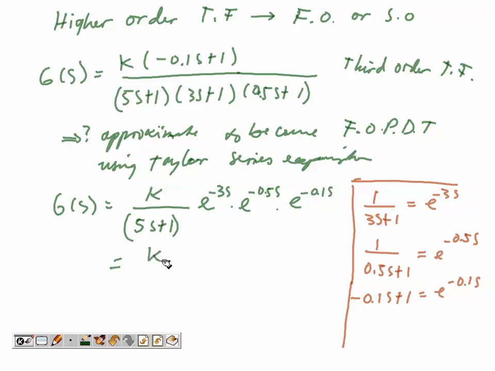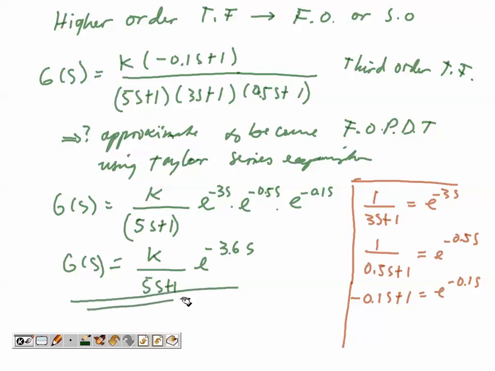Now we get the first order plus dead time, with e to the minus (3 plus 0.5 plus 0.1), which is 3.6s. So this is the approximate first order plus dead time form using Taylor series expansion for this case.